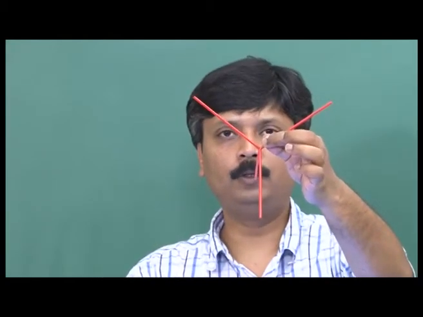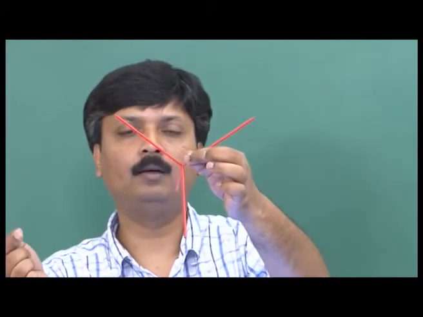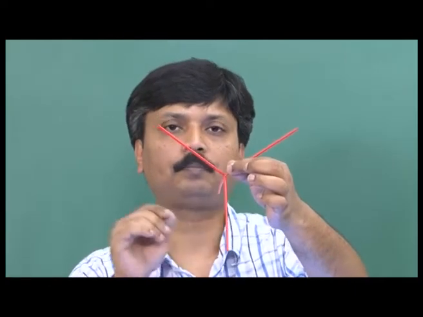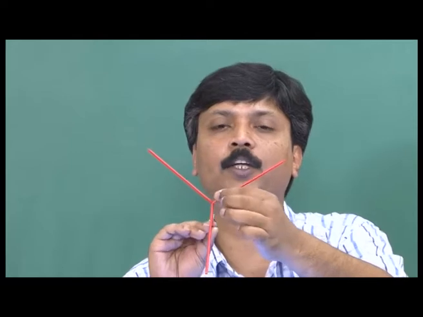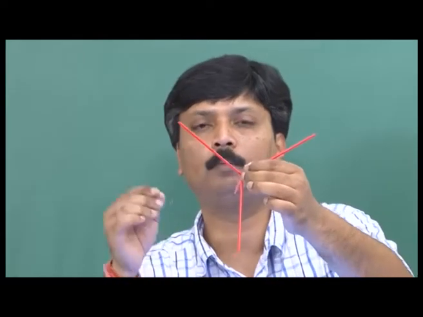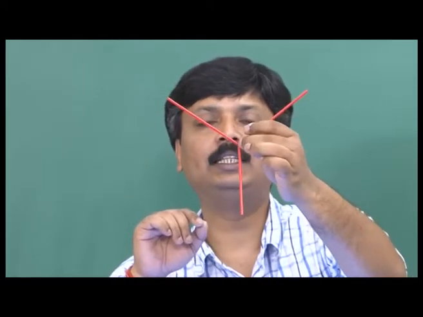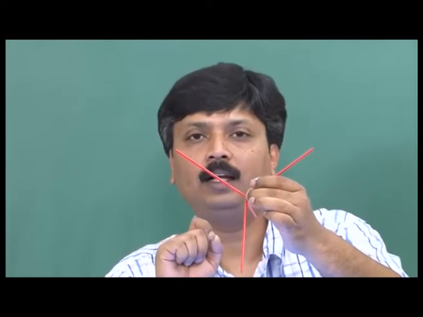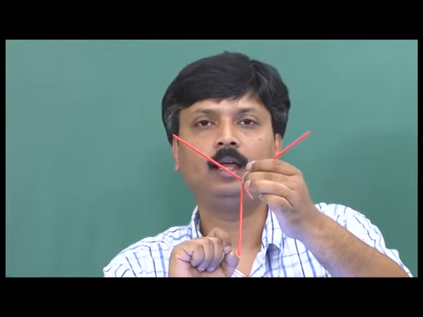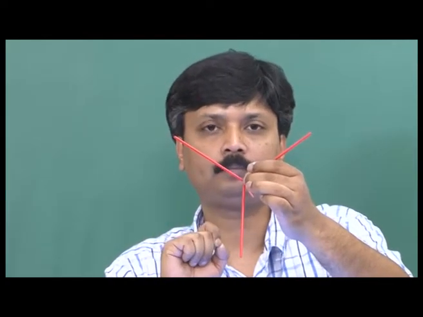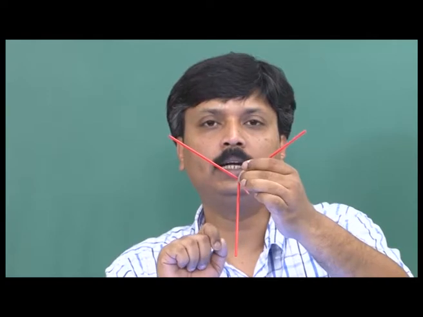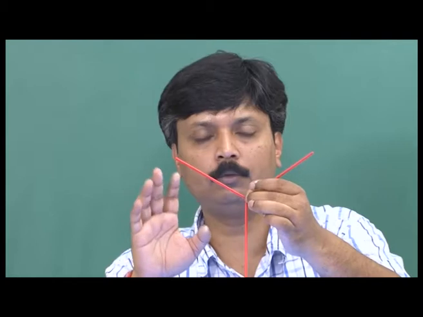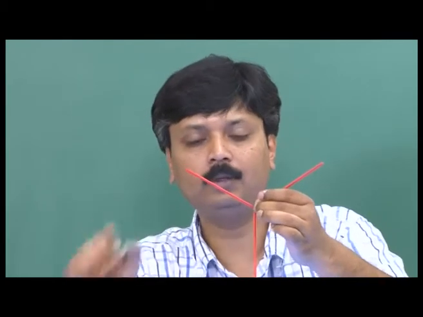Now if you just return to this video a couple of minutes back, then you will see we started with this structure. So what does that mean? I could find an axis and a particular angle of rotation by which I can turn the molecule to a structure which is not indistinguishable, which is very much distinguishable.